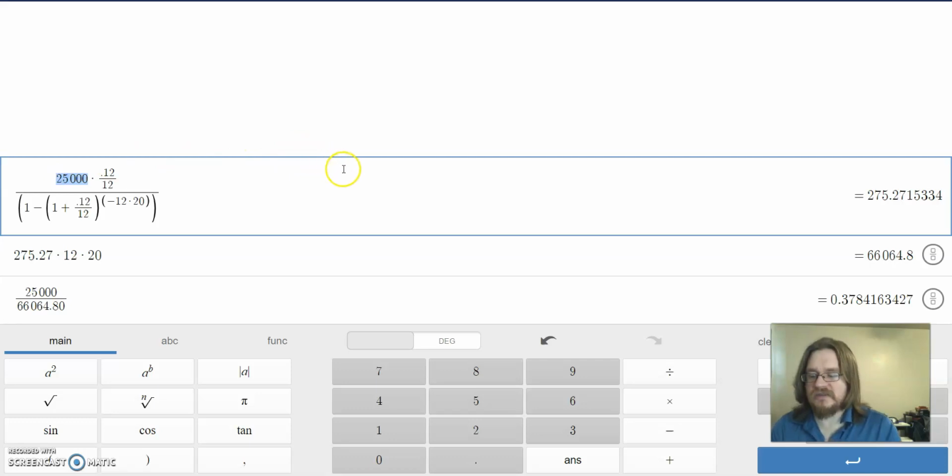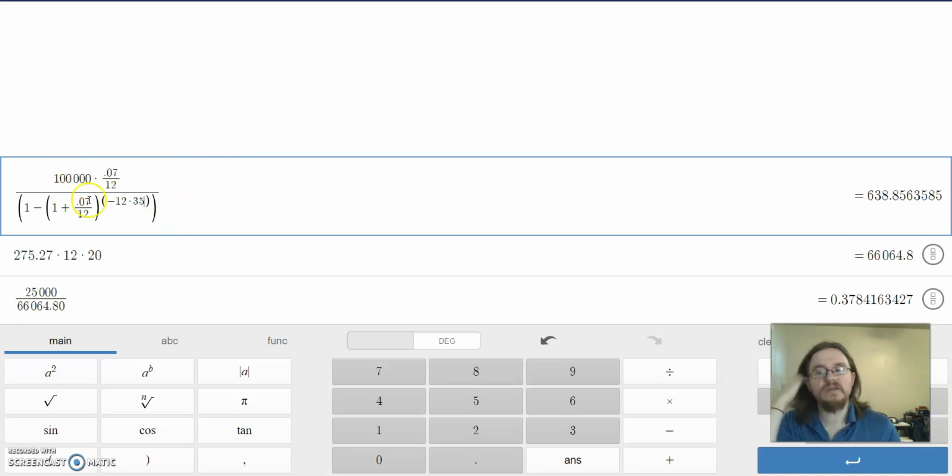So instead of a $25,000 loan, we have a $100,000 loan. And rather than a 12% interest rate, we have a 7% interest rate, so it's going to be 0.07. 12 stays the same. We're still making payments monthly, but our interest rate has changed to 7 down here. Again, we're making payments 12 times a year, but now we are paying this back over 35 years.